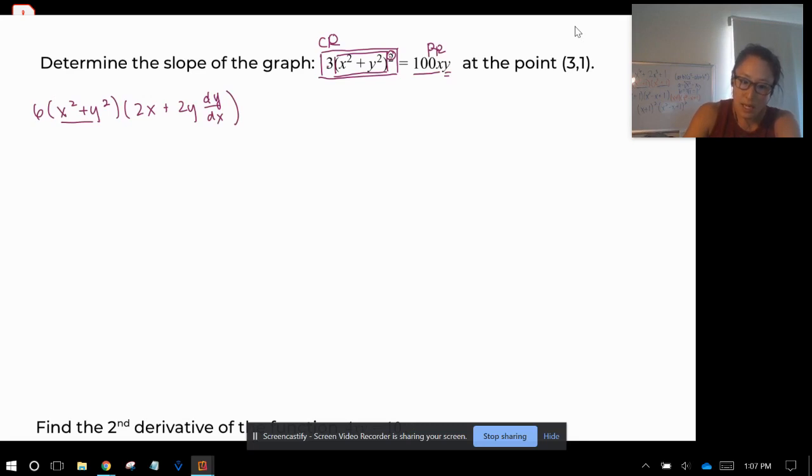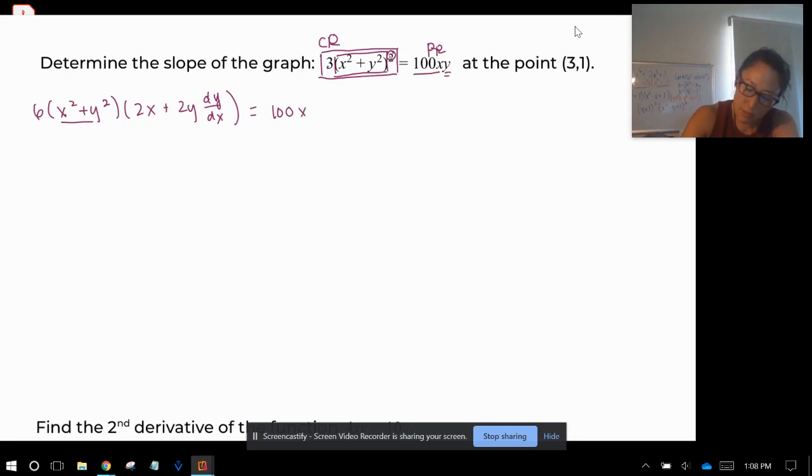Okay, next, I am going to do the right-hand side. Making sure everything is good here. Okay, so we have the product rule. So lefty right, righty left. So left is 100x.